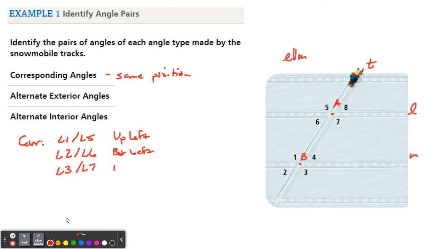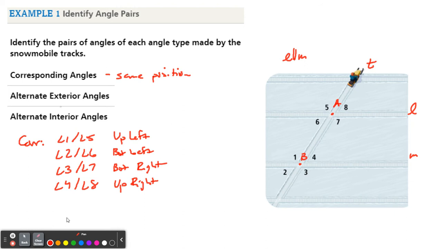They're in the bottom right. And angle 4 and angle 8 are a pair because they're in the upper right. So that's what I mean by corresponding. Four angle pairs for corresponding angles.